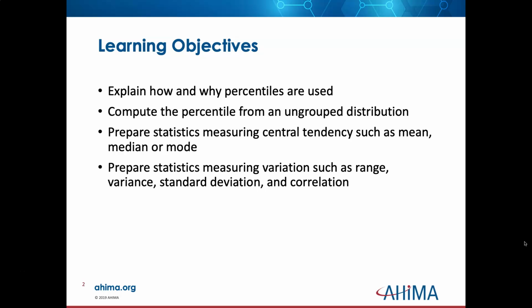Please make sure that you are familiar with central tendency, and you understand the meanings of mean, median, and mode, and that you understand variation, and you know exactly what is meant by range, variance, standard deviation, and correlation. That will be critical to you for this week.